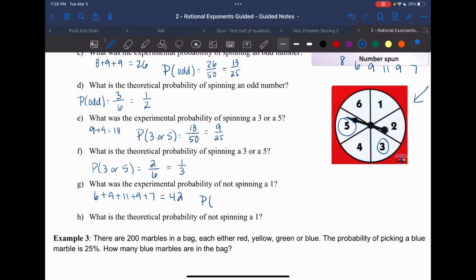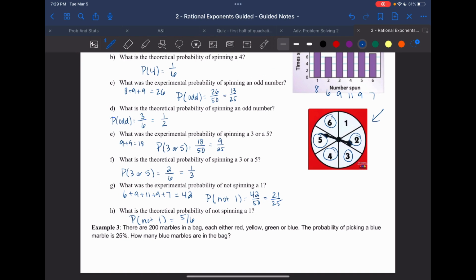So the probability of not a 1 equals 42 out of 50, which reduced would be 21 out of 25. For the theoretical probability, again everything except for the 1. So that'd be 6, 2, 3, 4, and 5. That'd be 5 spaces. So the probability of not a 1 is equal to 5 out of 6.